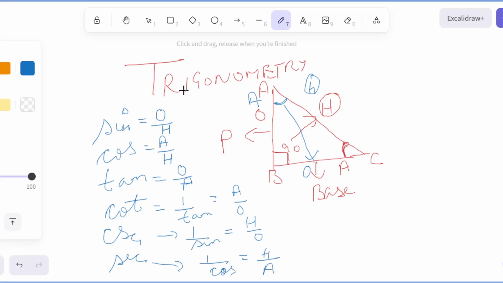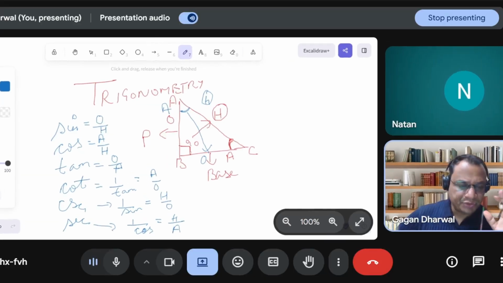So trigonometry, as I just told, measures the relationship between the sides and the angles of any triangle, basically a right angle triangle. In a right angle triangle, the three sides are named hypotenuse, opposite, and adjacent. Hypotenuse is fixed, the side opposite to the 90-degree, the longest side. The opposite and adjacent keep flipping depending upon the angle you are dealing with.